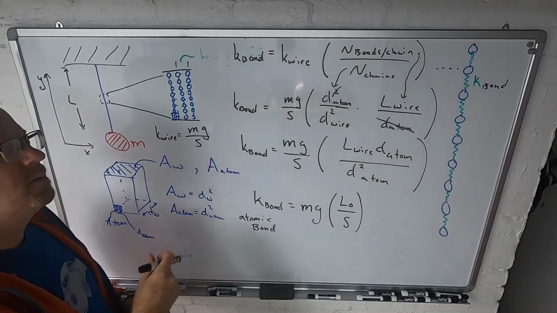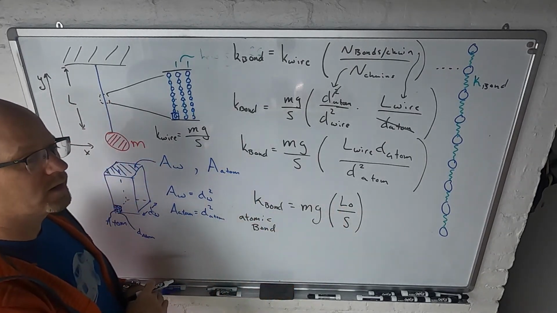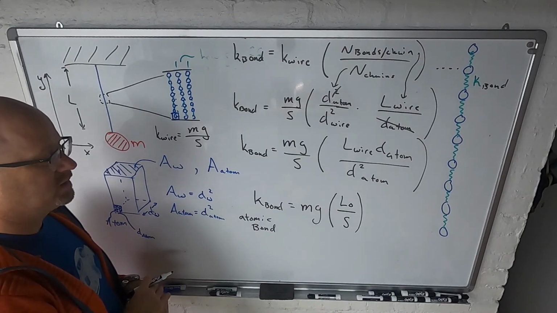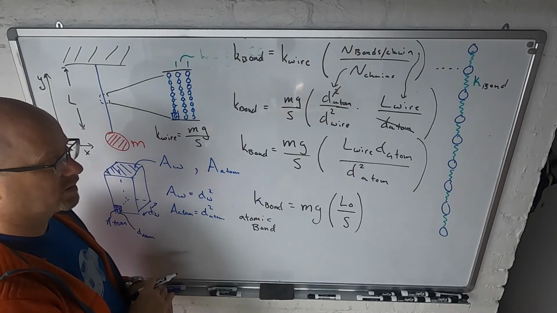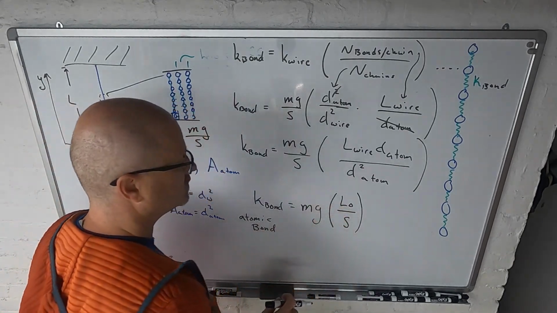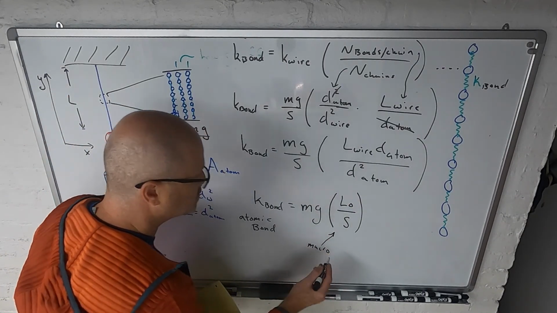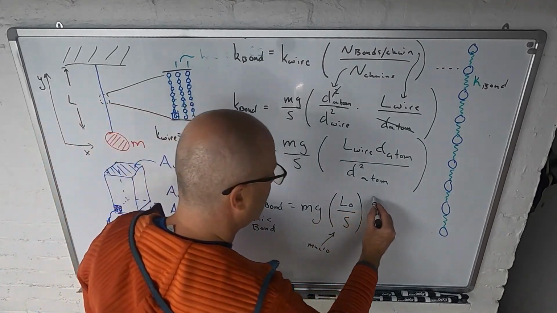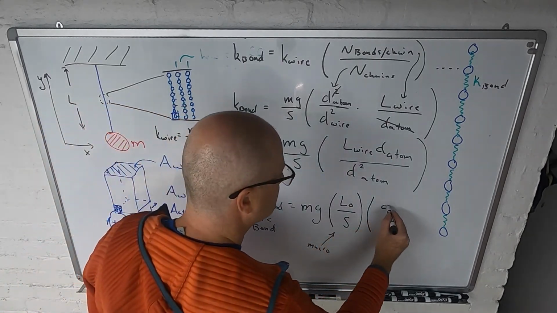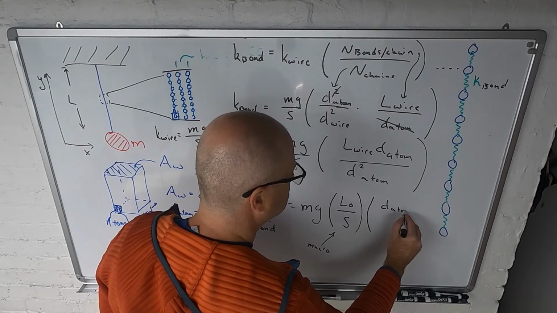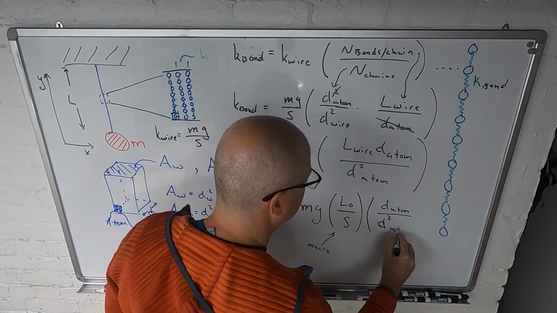They go together because they're macroscopic quantities. The stretch of the wire and the length of the wire. That looks remarkably like something I would put into an equation about a spring. So L naught over S. That's macroscopic. Macro tells me something about the wire. Then I multiply that by a microscopic ratio of things. The size of an atom divided by the area of an atom.